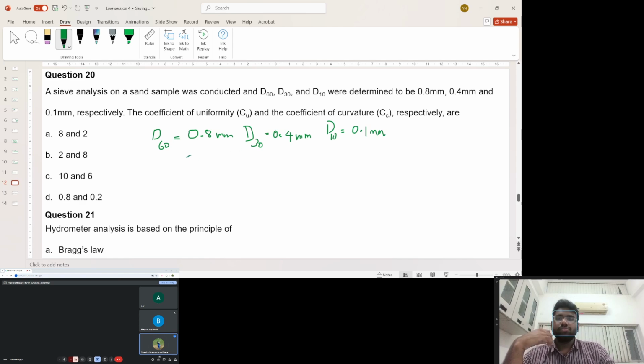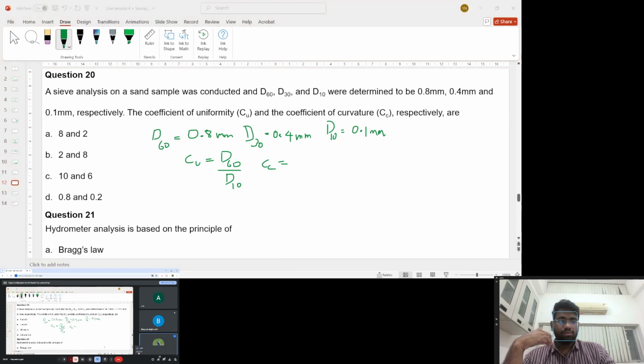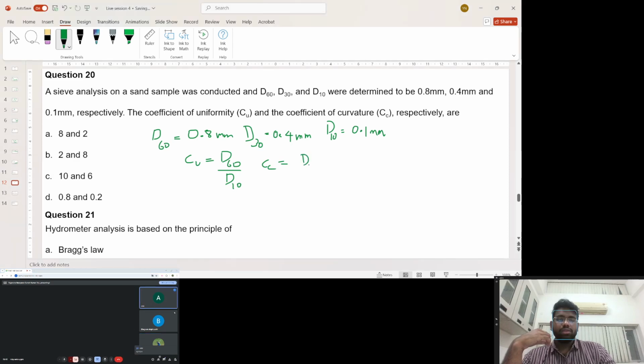So coefficient of uniformity is defined as D60 by D10, and Cc, the coefficient of curvature, is written as D30 squared divided by D60 into D10.